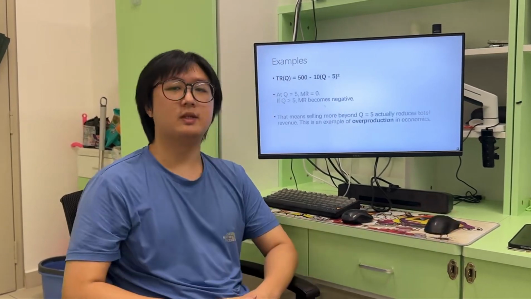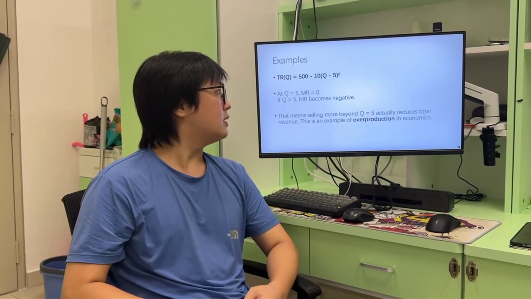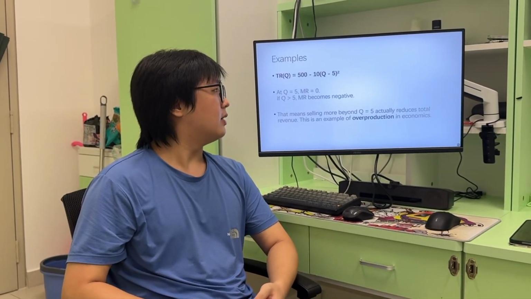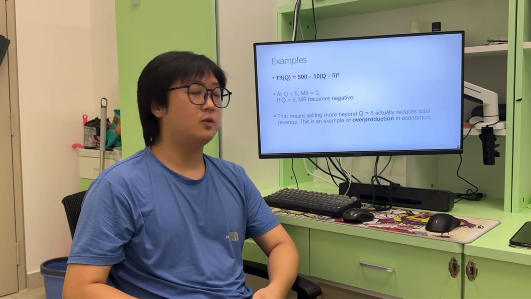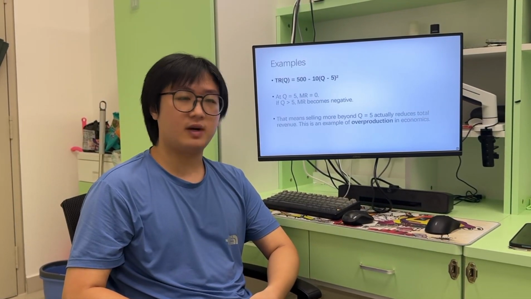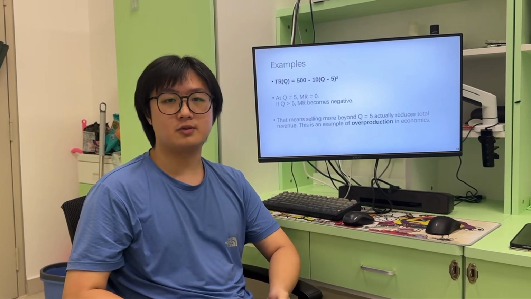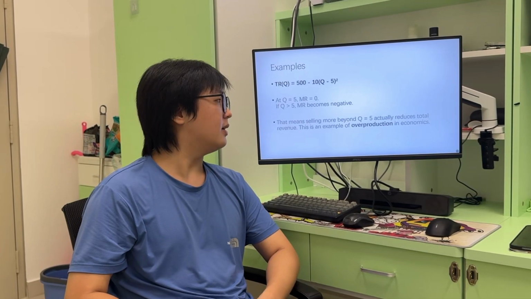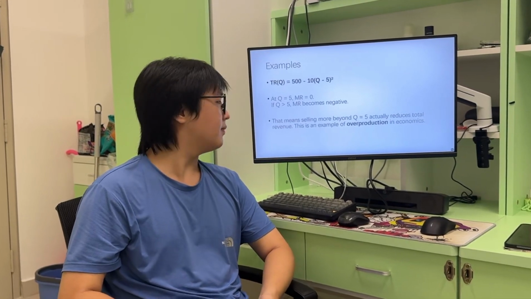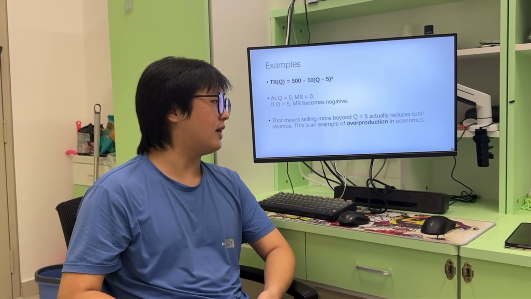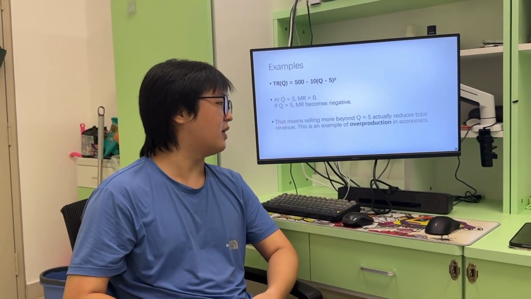Let's go to the next example. Suppose that TR(Q) equals 10Q minus Q squared, with Q equals 5 in mind. At Q equals 5, MR equals 0. But if Q is bigger than 5, MR becomes negative. That means selling more beyond Q equals 5 actually reduces total revenue.